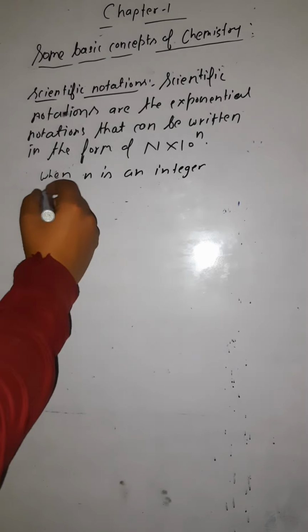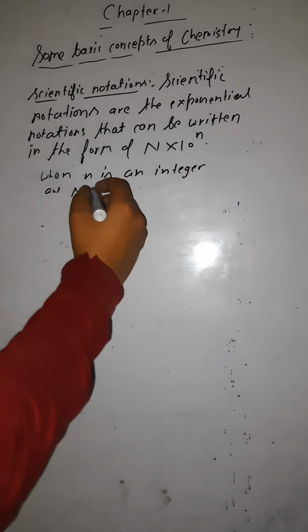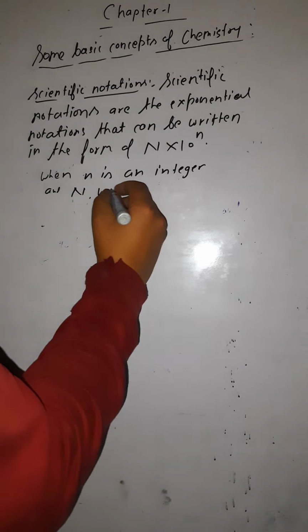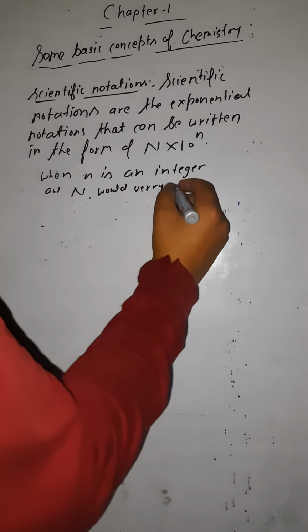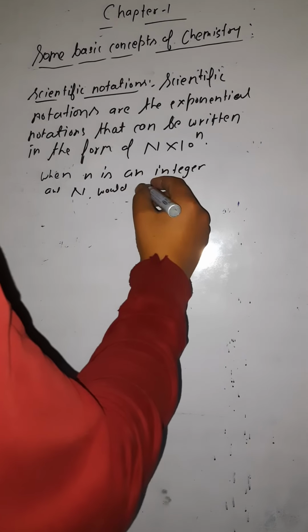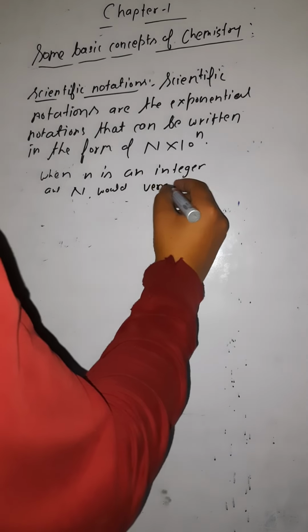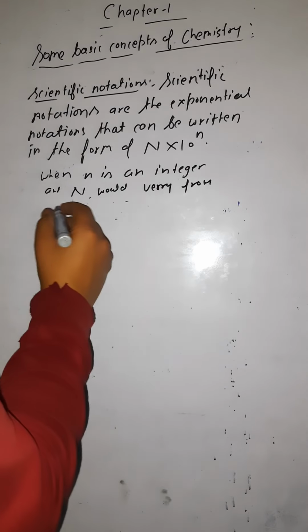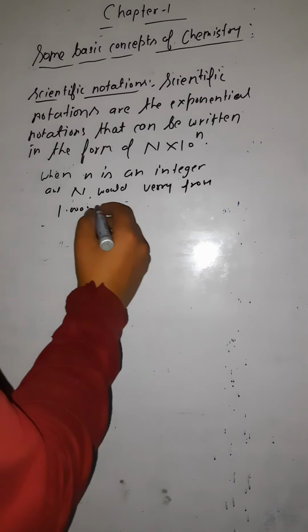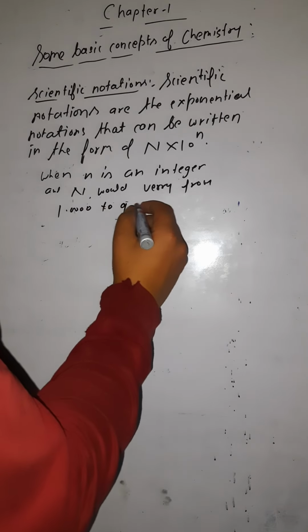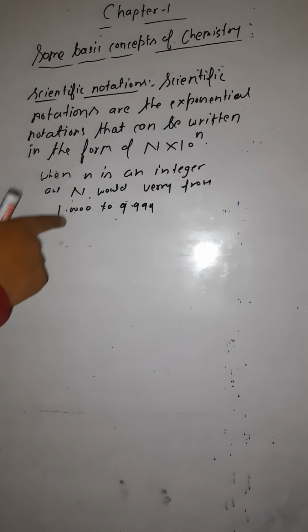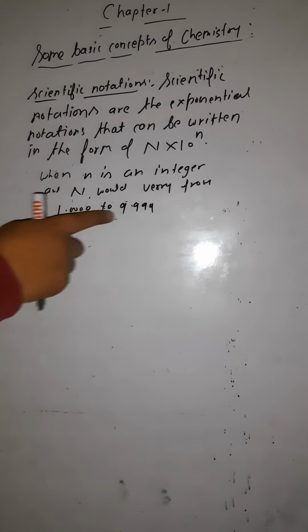And this capital N would vary from 1.000 to 9.999. This means capital N should not be less than 1 and should not be more than 9.999.